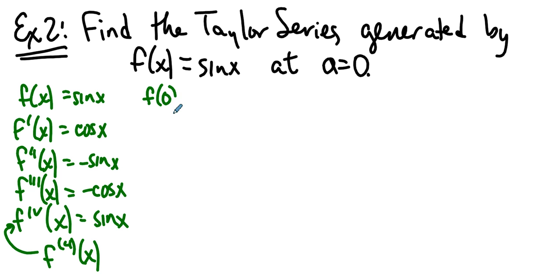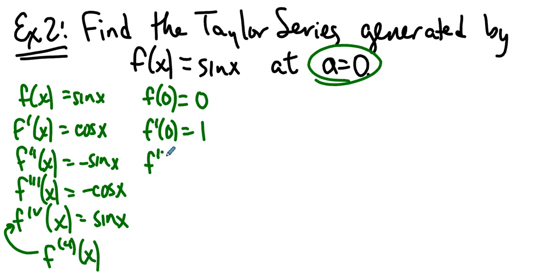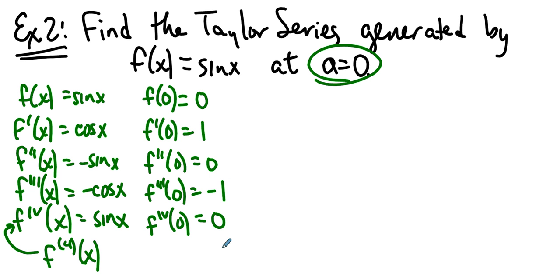So we figure out that at 0, that's 0, that's 1, that's 0, that's -1, that's 0, and then this process repeats: 0, 1, 0, -1, 0, 1, 0, -1, and that goes forever.